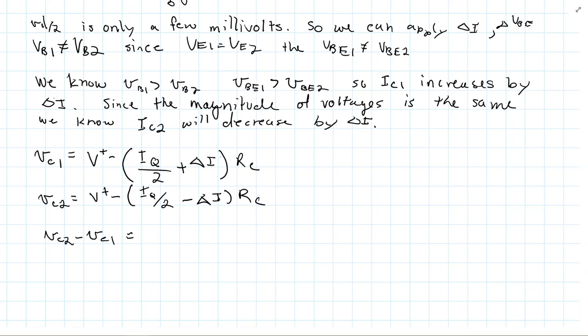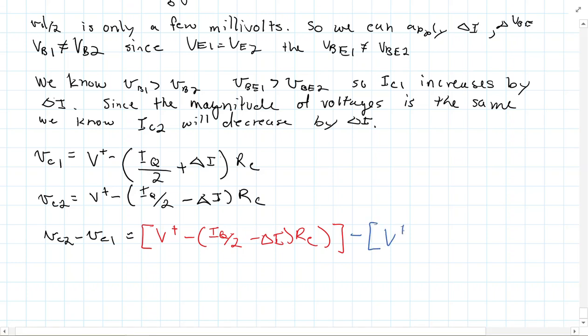So we'd have V plus minus IQ over 2 minus delta I, RC, minus V plus minus IQ over 2 plus delta I RC.